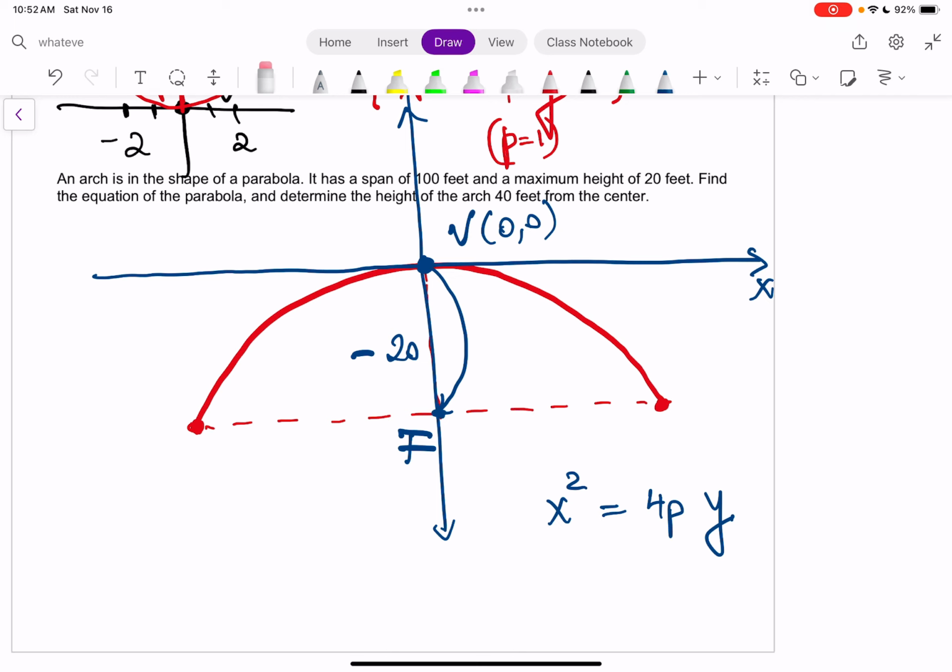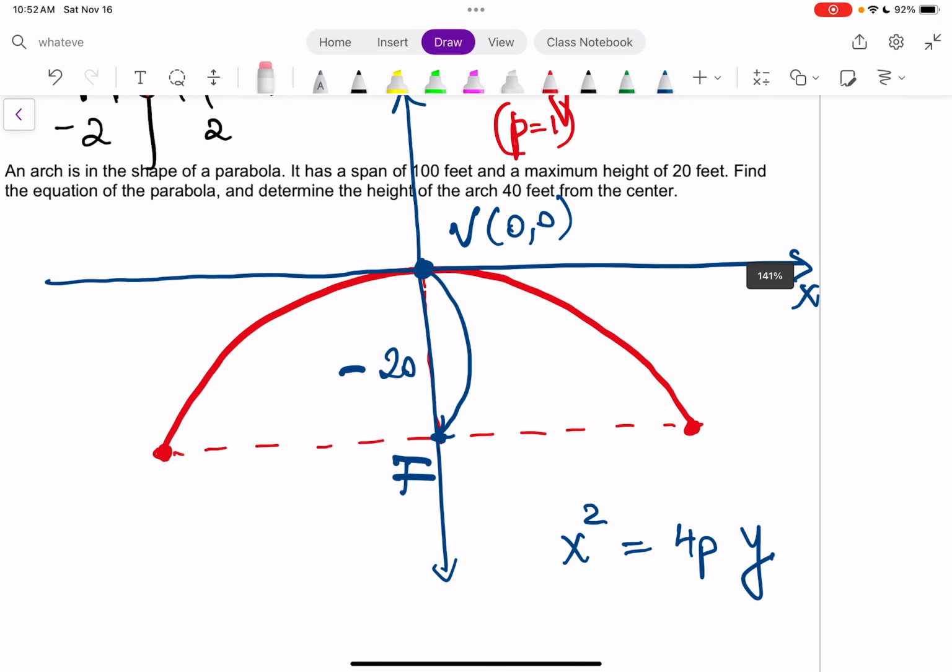So what do I have to do? I have to find the p-value. What got me alerted is that, yes, the maximum height is 20 feet, but I didn't use the 100 feet. So the fact that this is 100 feet across means up to here is going to be 50.